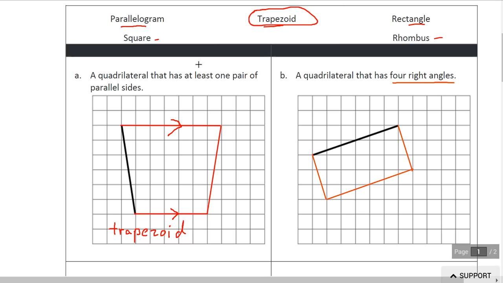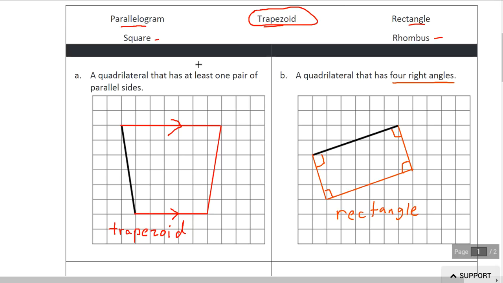Those are right angles, so I'm going to mark those right angles. That's a right angle, and that's a right angle, and that's a right angle, and that's a right angle. There's no wrong angles here. All right. So we have 4 right angles, and we have 2 sets of parallel lines. So we know then that this is a rectangle.